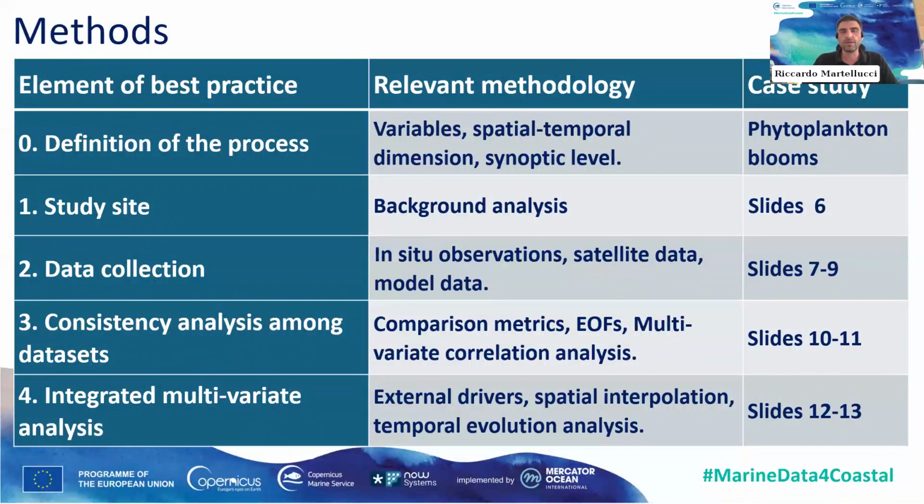In that case, we want to investigate the phytoplankton blooms that occur in the coastal area. And the first step is to make a background analysis based on the bibliography and the available data sets, in which you can follow the climatology of these particular blooms.